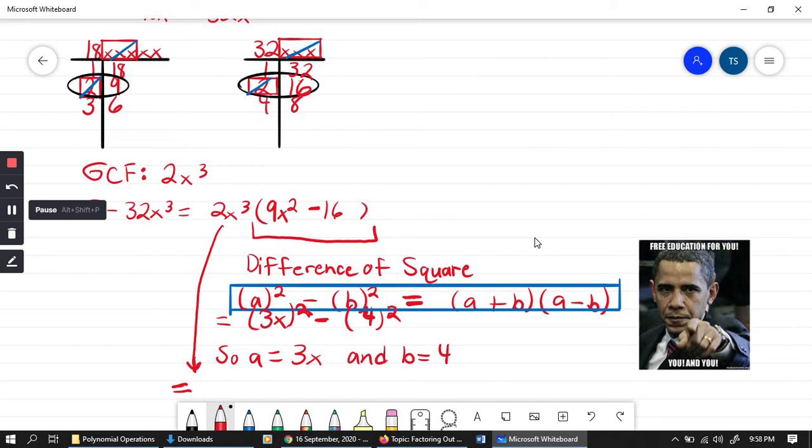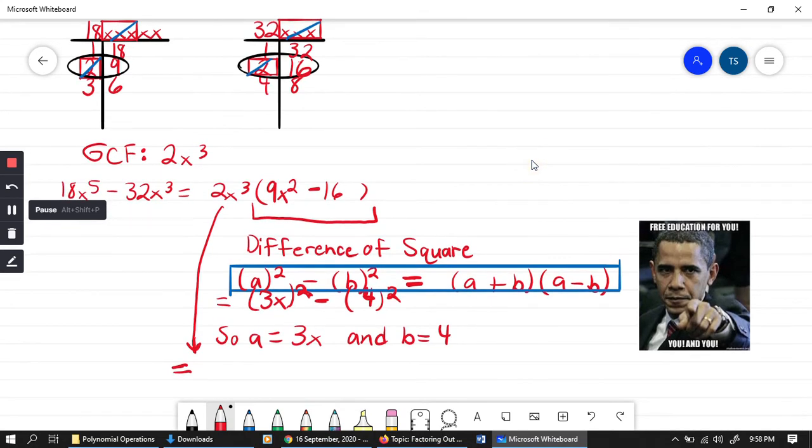Remember, guys, that we had already factored out a GCF. That is not going anywhere. We still need to write that GCF when we write out our final version of this. So we're still going to write 2x cubed here on the outside.